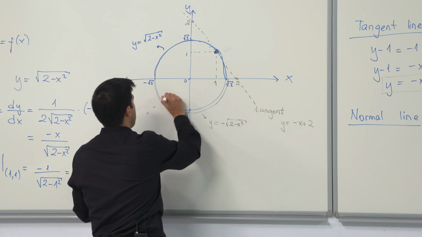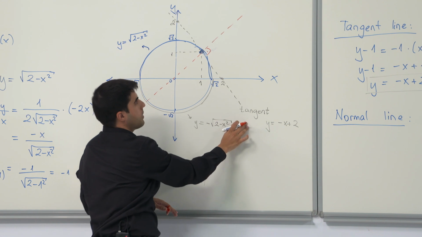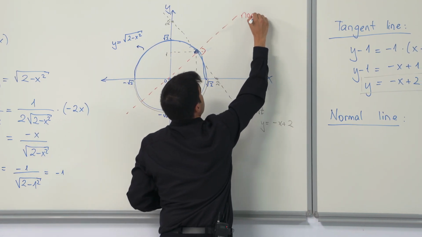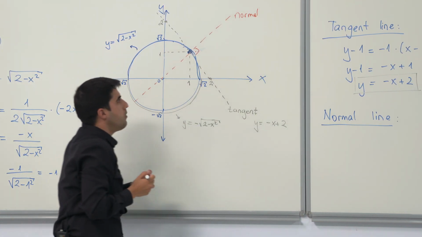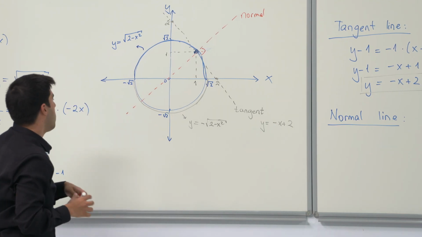So that means the normal line is actually this line over here, which is perpendicular to the tangent. So that's our normal.